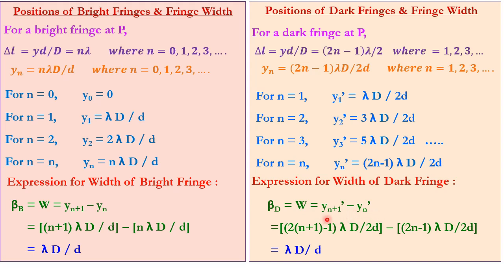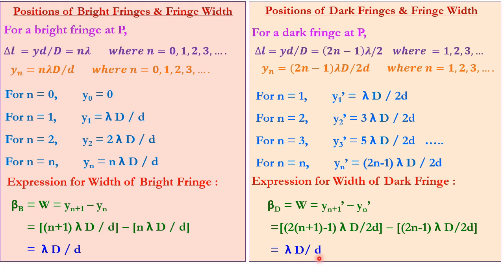Here we'll substitute values of yn plus 1 and yn as per this expression, and we get it as 2n plus 1 minus 1 lambda D by 2d minus 2n minus 1 lambda D by 2d. And here again we come across the same result, that the fringe width for dark fringe is given by lambda D by d.